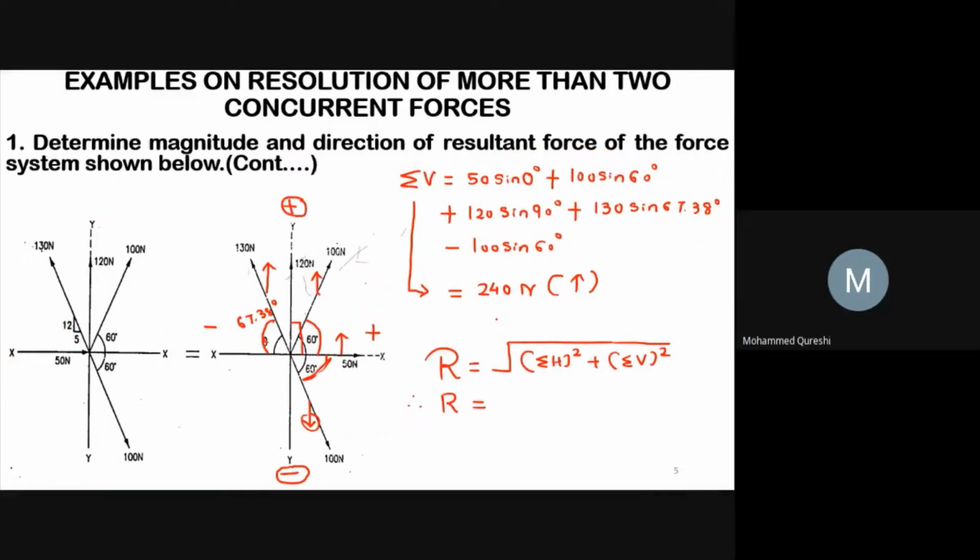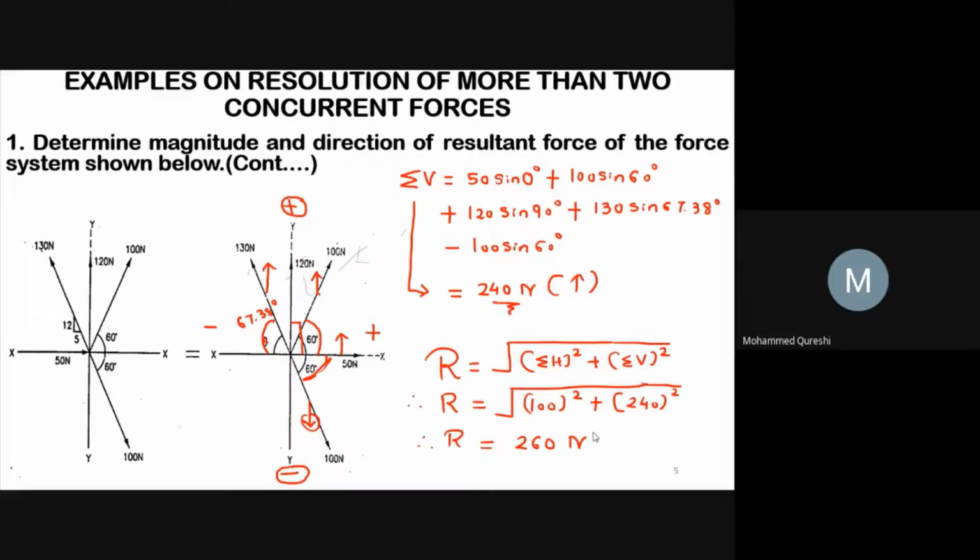So we will put the value of sigma h as 100 square plus, and the value of sigma v we had calculated here, 240 square. So by solving we will get capital R equals to 260 Newton. Now we have found the magnitude of the resultant force.